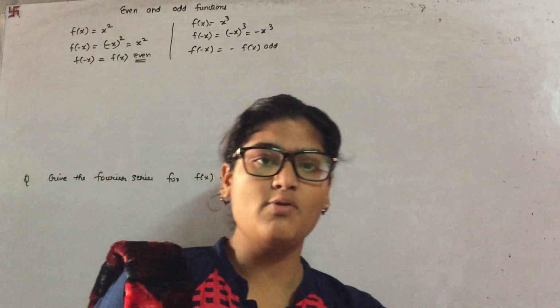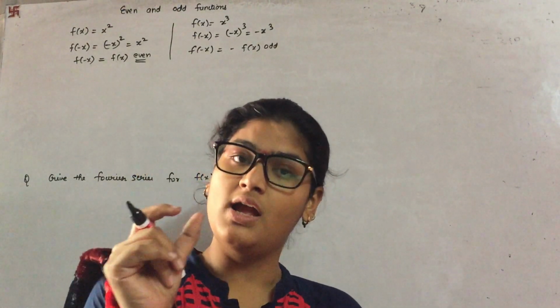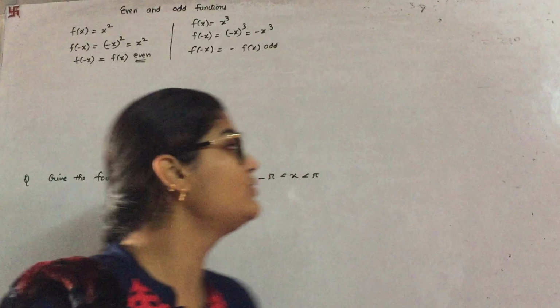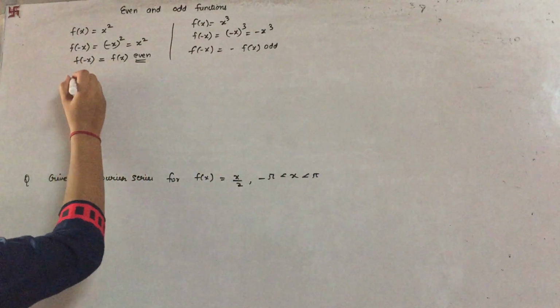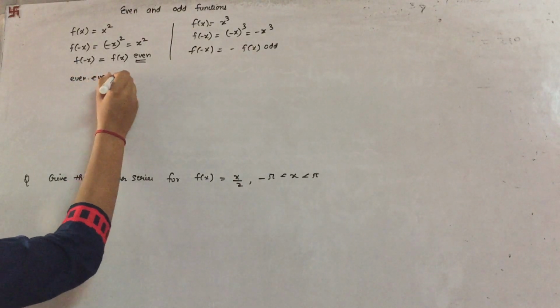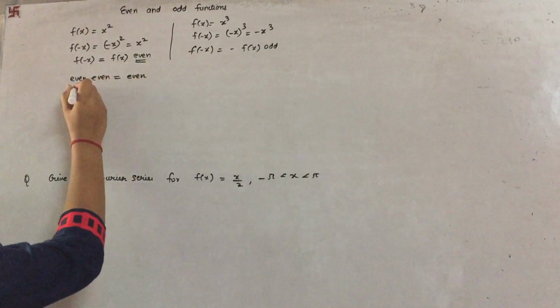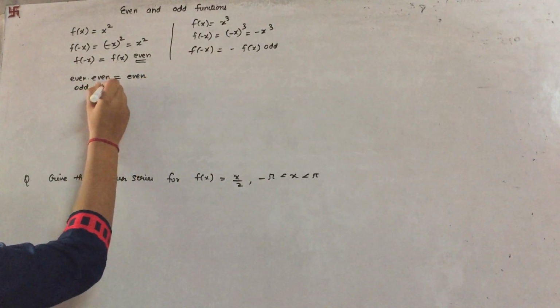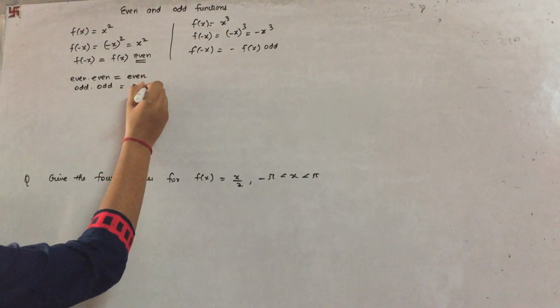Now if you have to expand a Fourier series for even and odd functions, you have to remember some tips. Even and even, on multiplication, brings out an even function. Odd and odd brings out even.